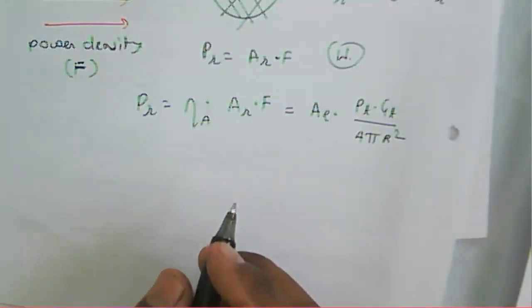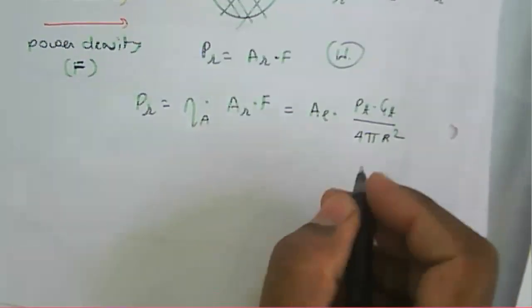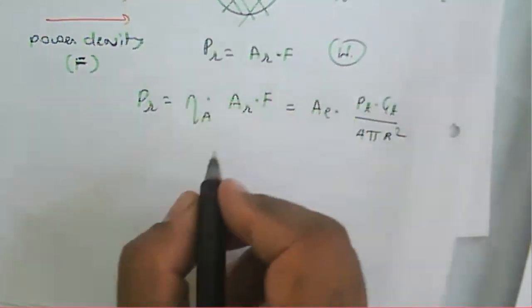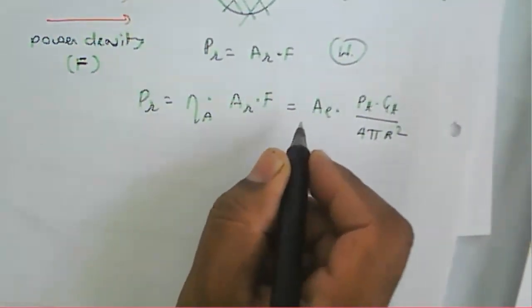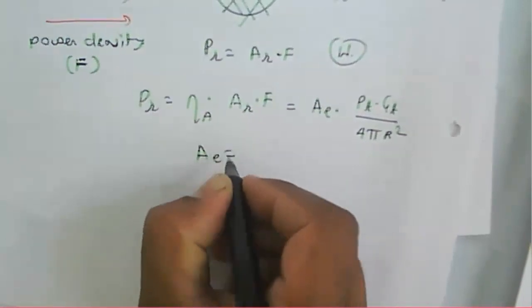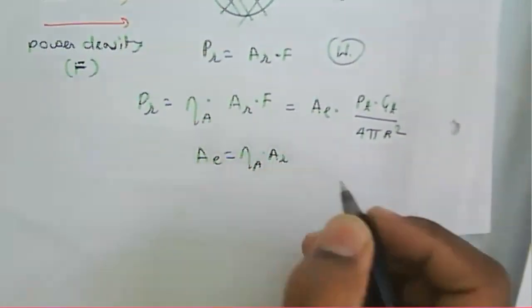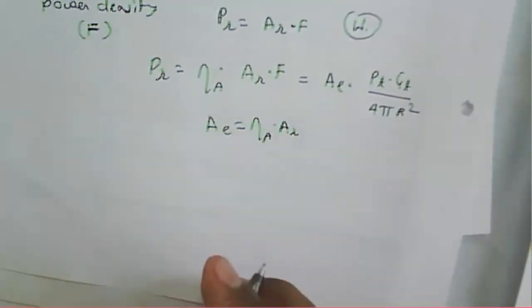So in terms of the antenna efficiency, we are writing the terms. Here the aperture effective area is nothing but the area of a receiving antenna and the antenna efficiency.